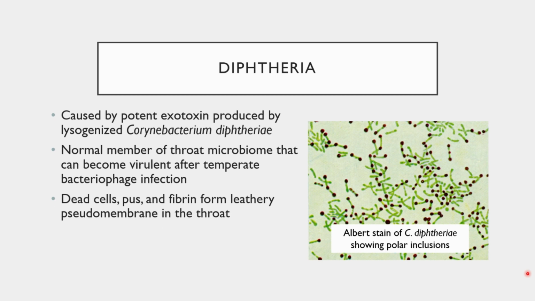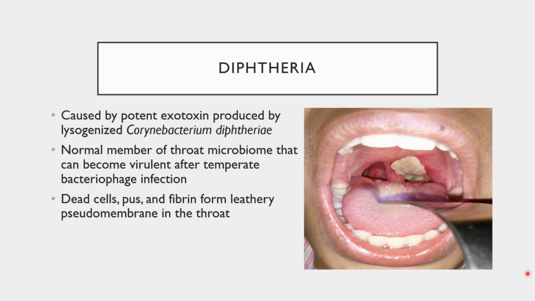The hallmark sign of diphtheria is a combination of dead cells, pus, and fibrin, forming this leathery gray material called a pseudomembrane in the back of the throat. And that's what you can see in this image right here.